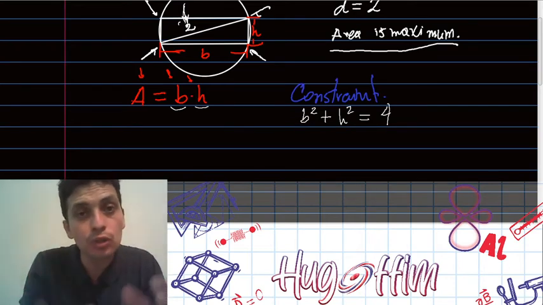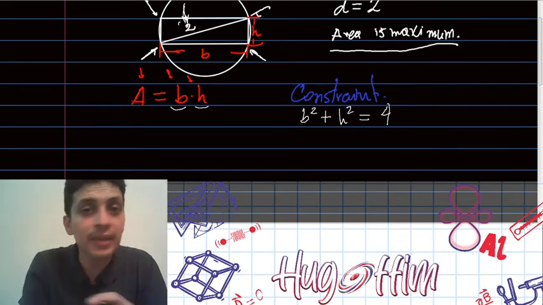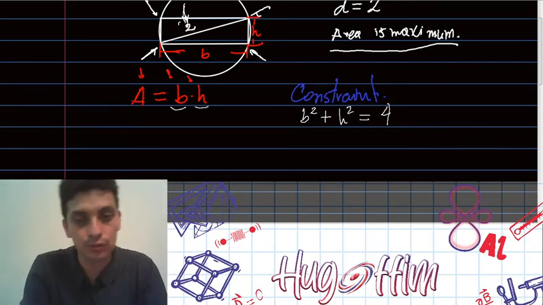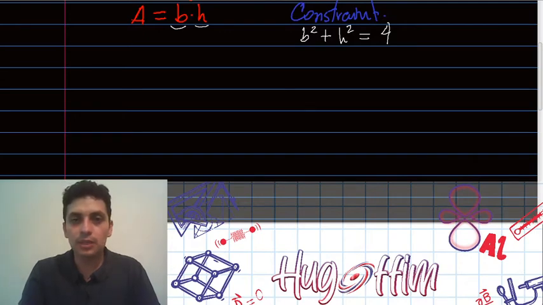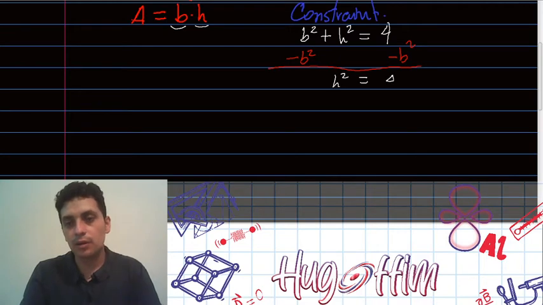Now we can have the area as a function of just one variable. What I'm going to do is solve one equation for base or height and then set it in the equation for area. Essentially I'm going to solve this for h. I'm going to subtract b squared, so h squared equals 4 minus b squared, and now I'm going to take the root.